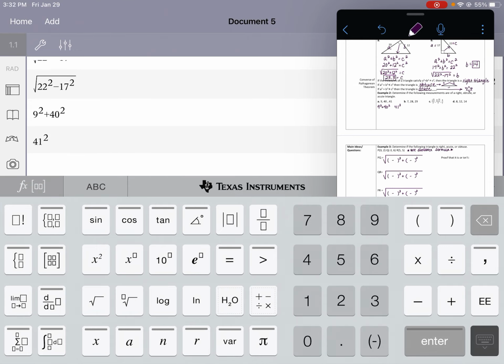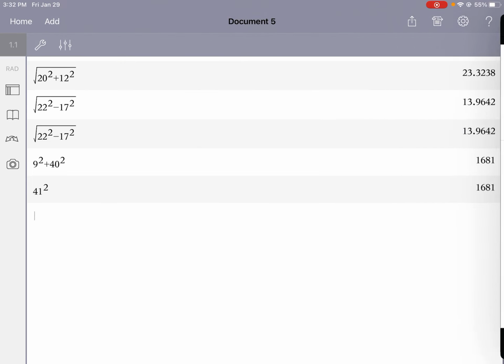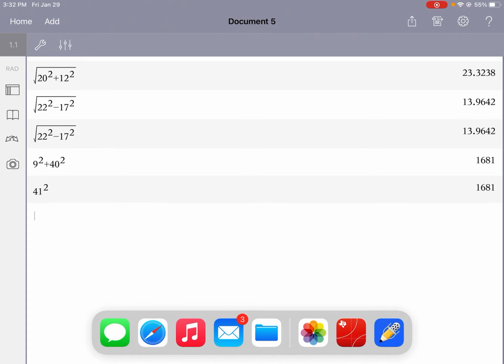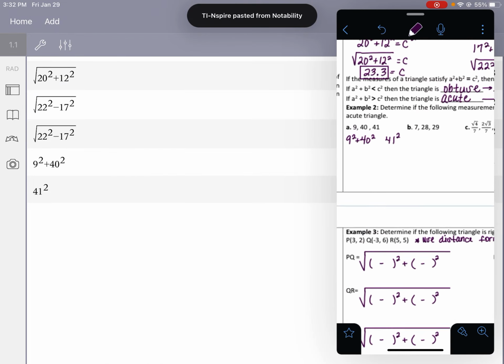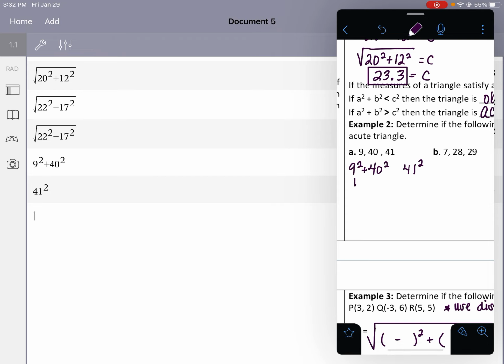And let's compare how they look. So we see we get 1681 and 1681. So for both, we get 1,681. So they are equal, which means this is a right triangle.